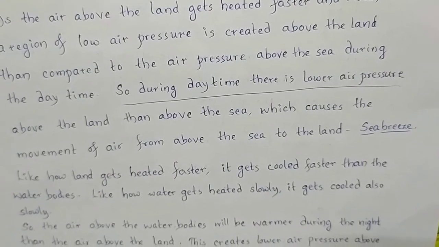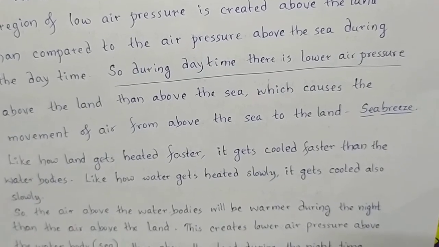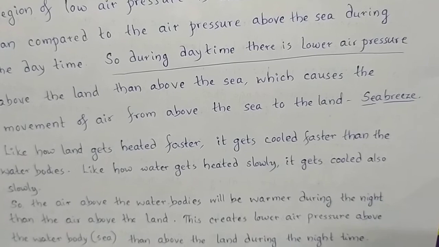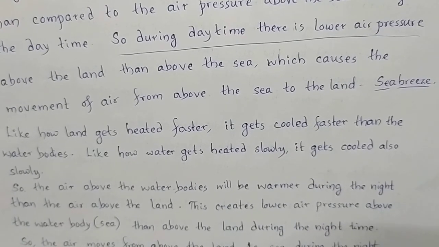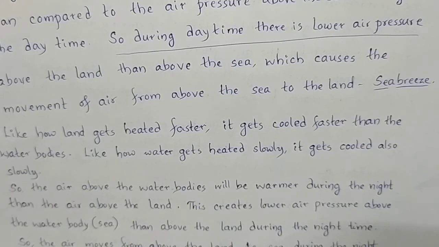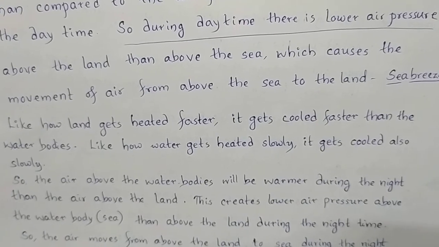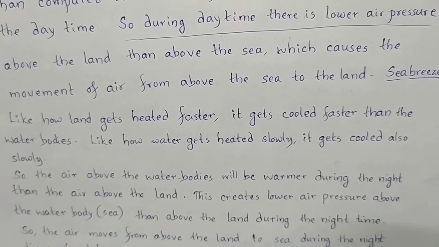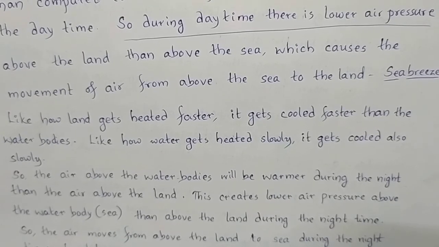Like how land gets heated faster, it gets cooled faster also than water bodies. Like how water gets heated slowly, it gets cooled also slowly, right? So the air above the water bodies will be warmer during the night than the air above the land.